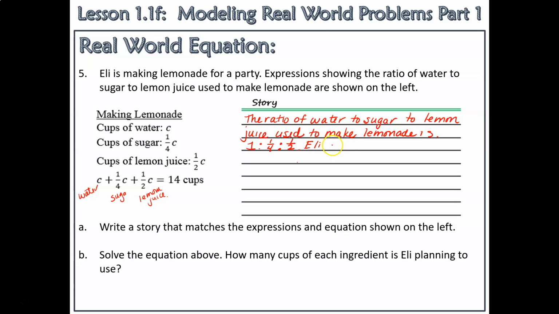Eli used a total of 14 cups. Well, it's not of water, it's a total of the ingredients. So he used a total of 14 cups of all the ingredients to make a batch of lemonade. How many cups of each separate ingredient did he need?